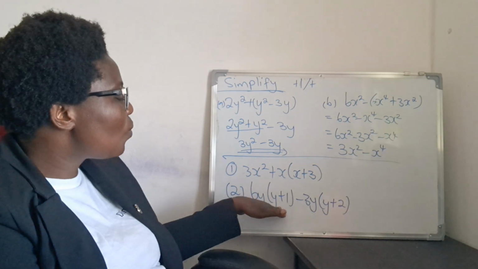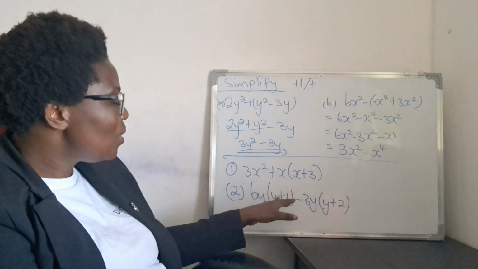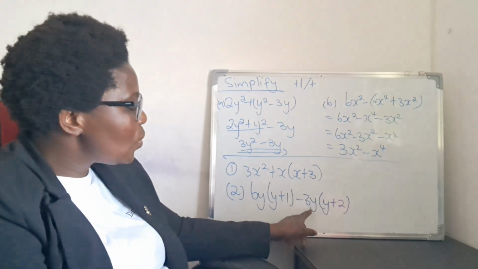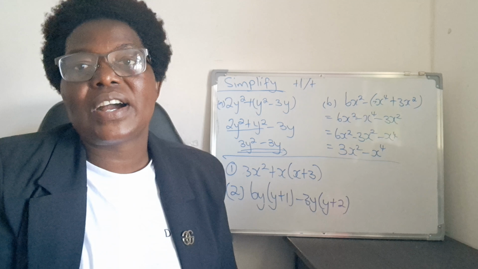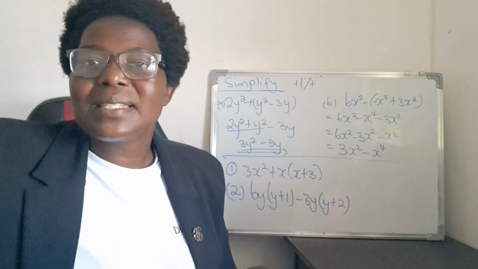Let's see how far you go with the second one. Of course, in this scenario, you need to multiply 6y in here, then you also expand this side, and then you simplify the like terms as far as possible and give us the answer in the comment section.